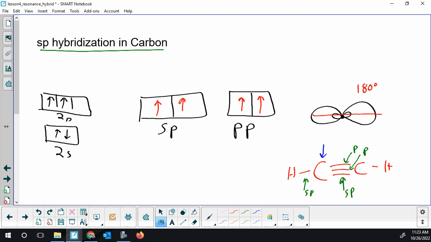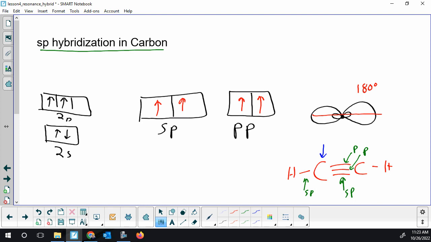The double and the triple are a fundamentally very different type of bond. Those p's are fairly easy to break, and in Chem 30 we study reactions where they break. But that first bond, the sp hybrid orbital in this case, is really hard to break. We can't go in the lab and easily break it unless we burn it and do a combustion reaction.